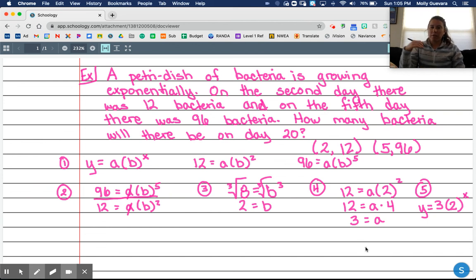But specifically in this problem, it wants to know how many bacteria there will be on day 20. So I'm going to plug in 20 for x. So y is equal to 3 times 2 to the 20th. And I simplify this down. 2 to the 20th, it's a big number, times 3 is an even bigger number.